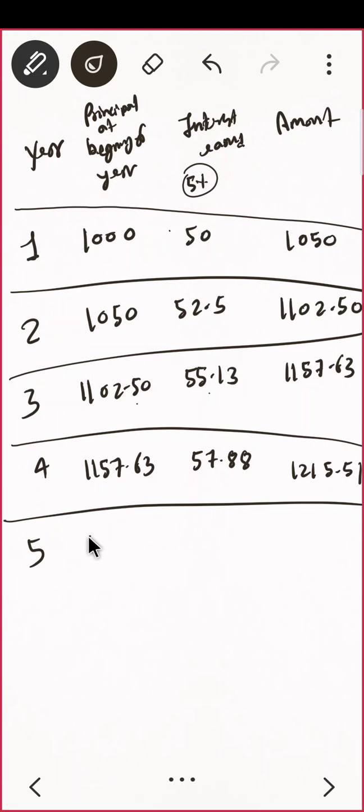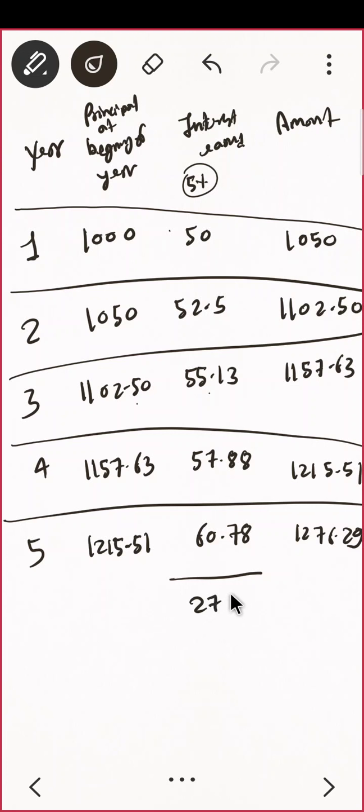The new amount will be 1215.51, and here this will be 5%, it will be 60.78, and here the addition will be 1276.29. So that means what is my total interest? If you see total interest, it is giving me as 276.29 rupees.